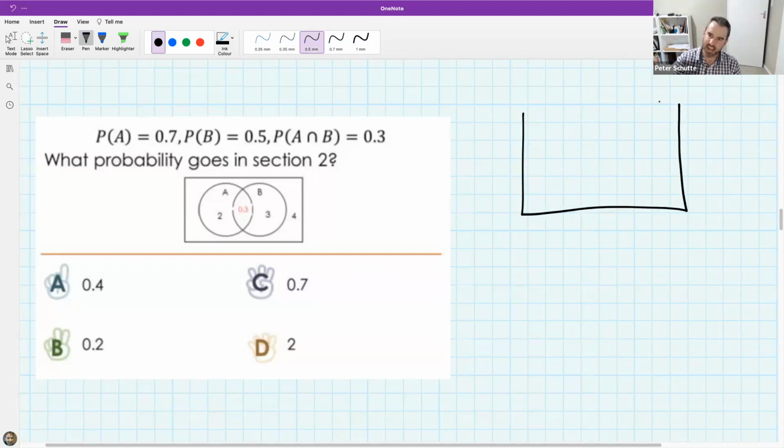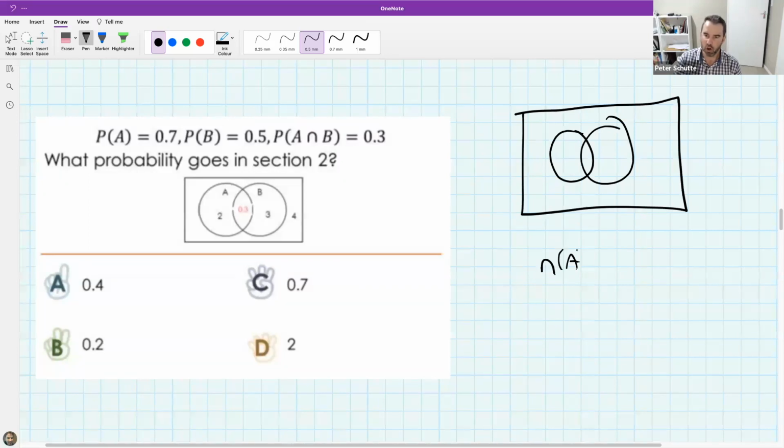Venn diagrams can have numbers inside the different regions. And if the numbers are there, when you add up all of the numbers, they will always equal the number of items in the sample space. But it's possible to have your Venn diagram in terms of probability.